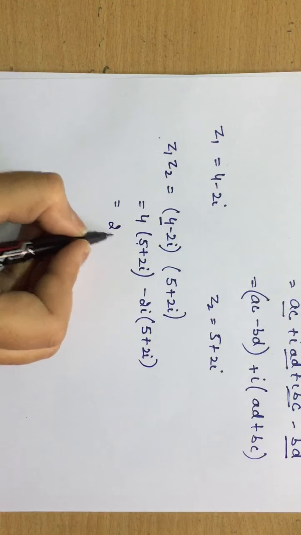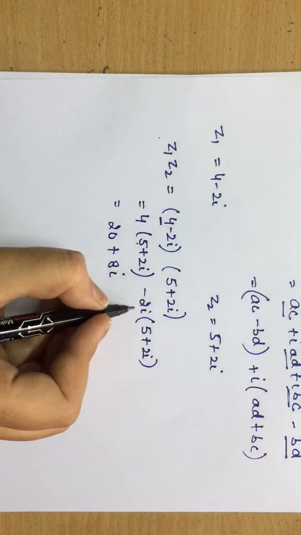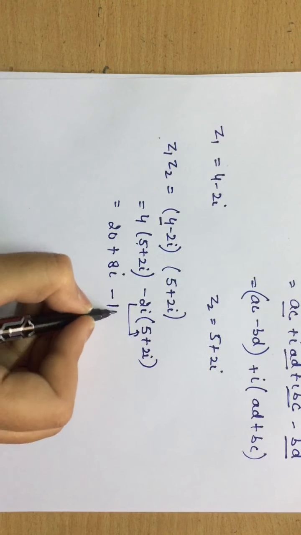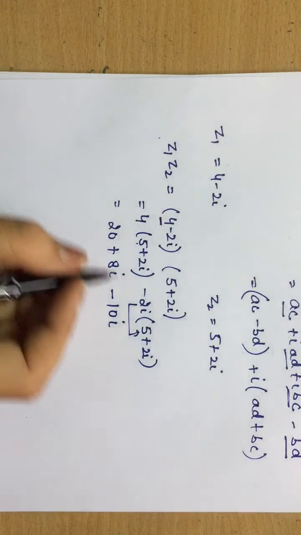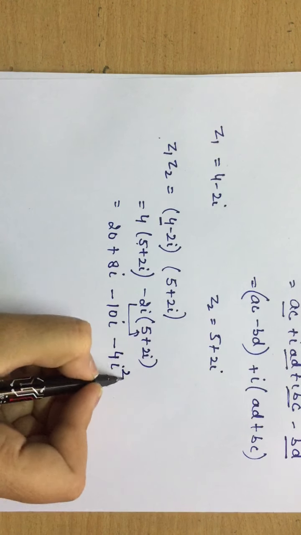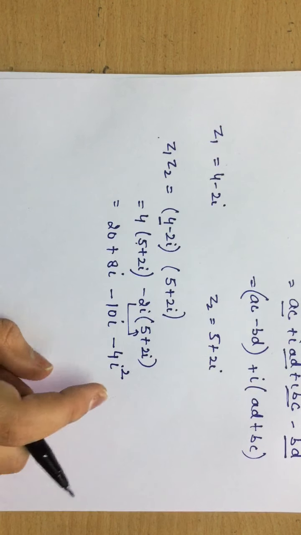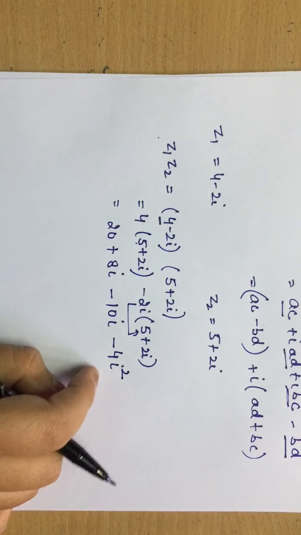5 into 4 is 20, 4 into 2 is 8 iota. Then open this bracket. It will be minus 10 iota. And then it is minus 2 into 2, 4 iota square. So iota into iota will be iota square. We never leave it up to this.